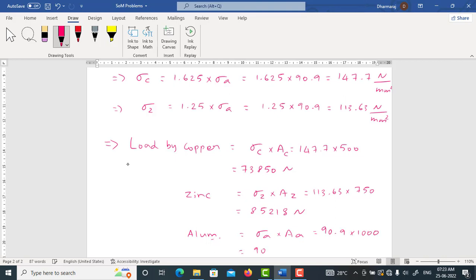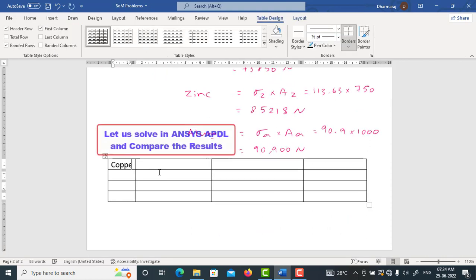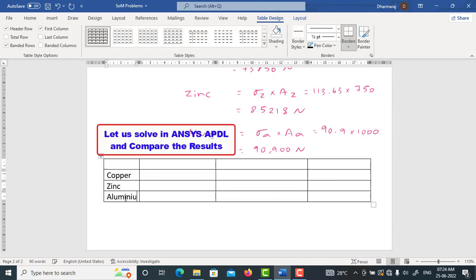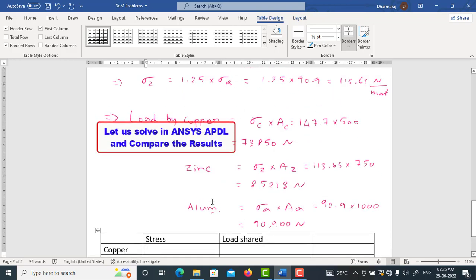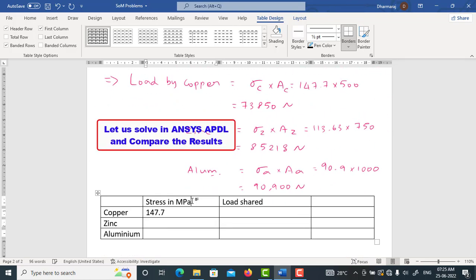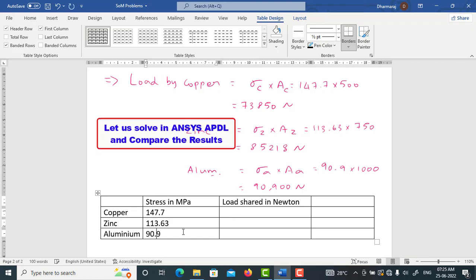Similarly for aluminum, stress into 1000. Let us draw a table of how much stress is produced in copper, zinc and aluminum and the load shared by each member, so that we can compare these results in ANSYS also.